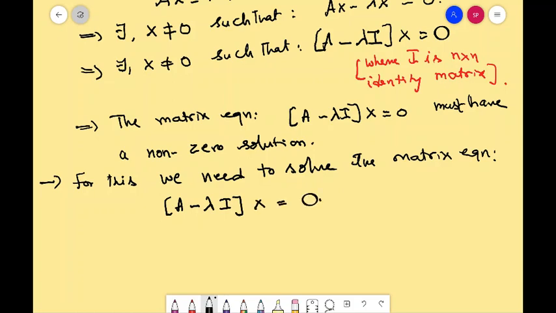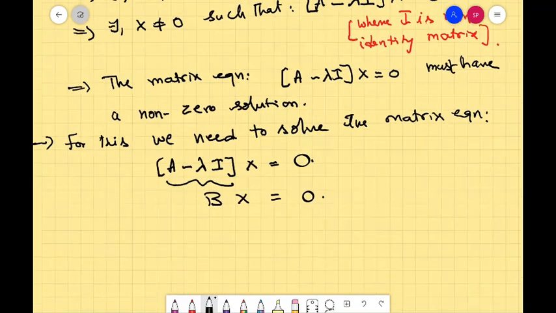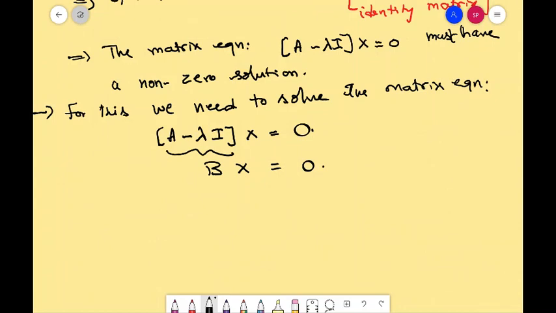If I say this is B, suppose this is Bx equal to 0. So this is like solving a system of homogeneous equations. So how do you solve a system of homogeneous equations or matrix equation?